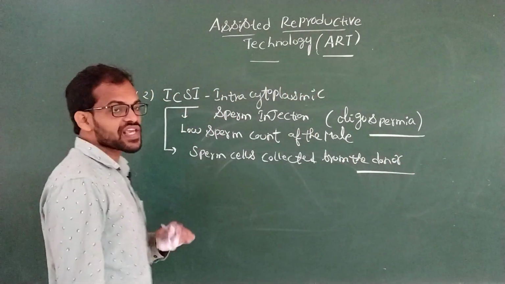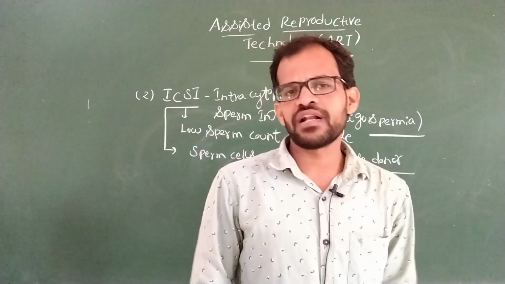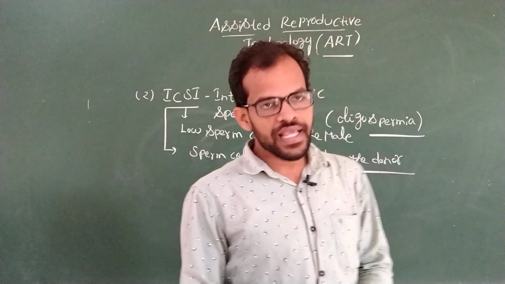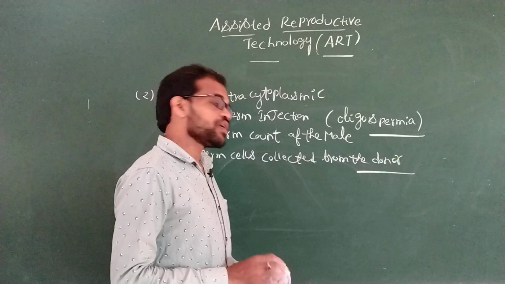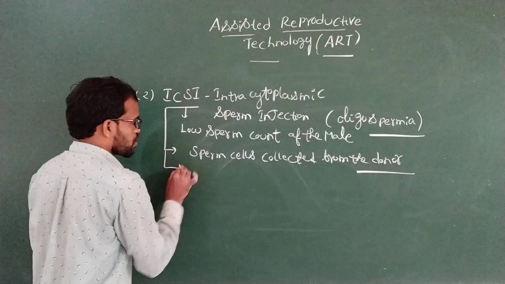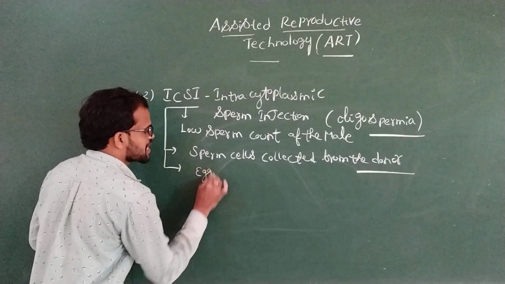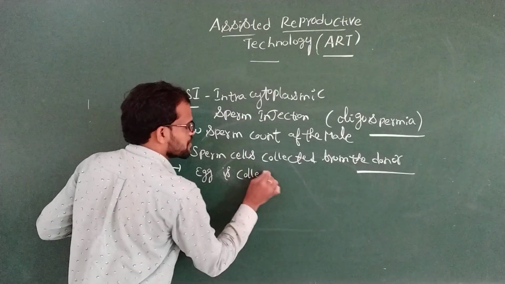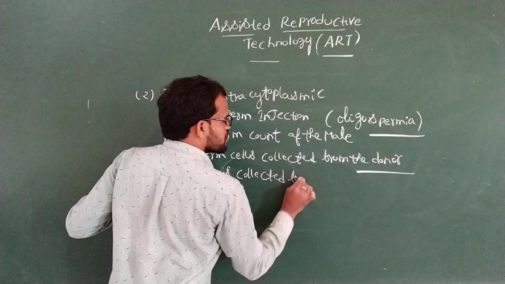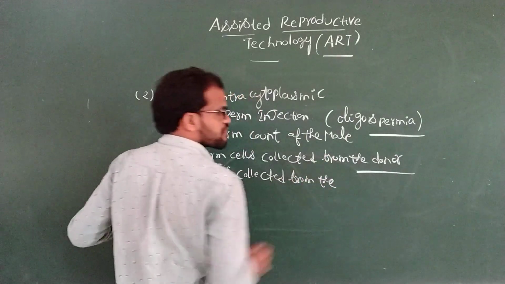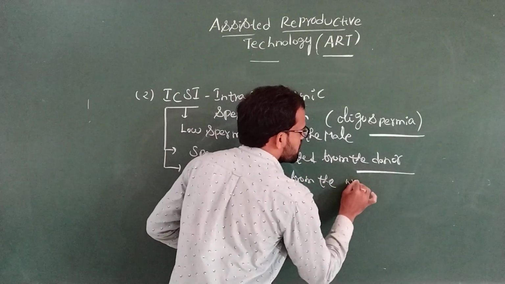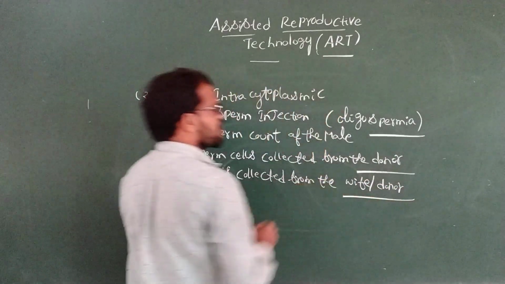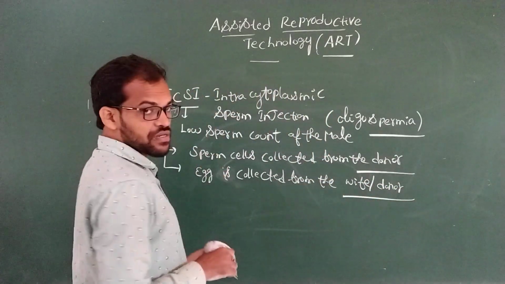For example, in this case, the female is fertile, which means she will produce the egg cell. Otherwise, if the female is infertile, again the egg is collected from the donor, for example, the wife or a donor.